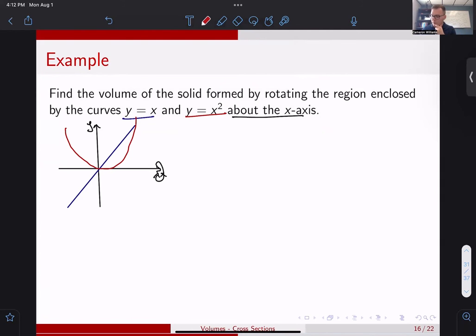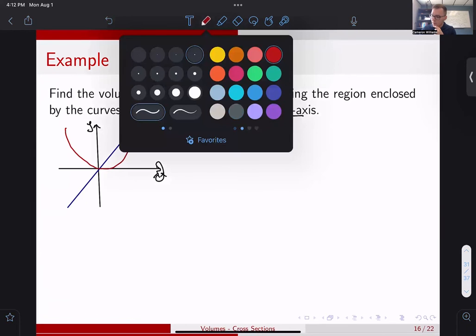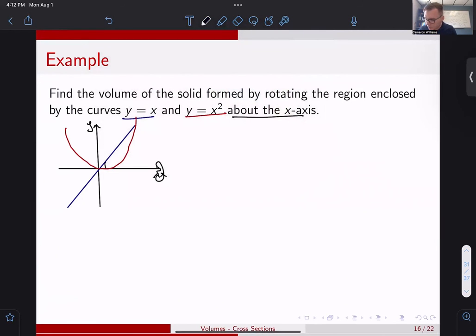So first I need to identify the region that we want. And the region enclosed by those two is this region. That's the part that's bounded and stuck between those two functions. So that's the part that I want, and I want to rotate that about the x-axis. Well, if I rotate something, it's going to have some nice circular symmetry.